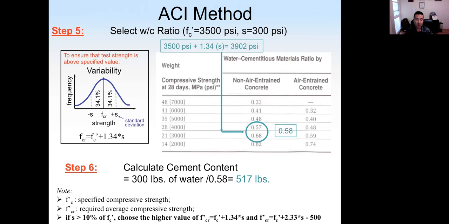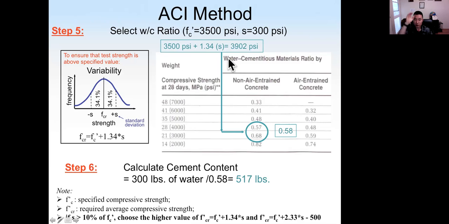Then why do we have this equation? Basically, if we assume the strength of the concrete follows a normal distribution, using this equation we make sure 90% of the time the concrete mix will be stronger than the specified strength. The specified strength is 3,500.